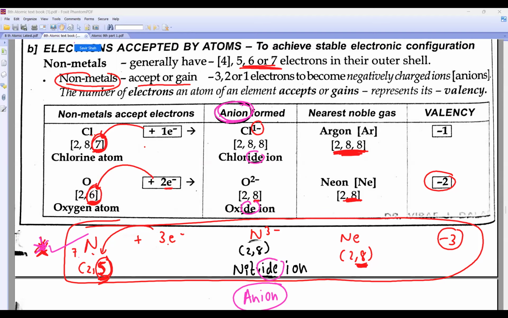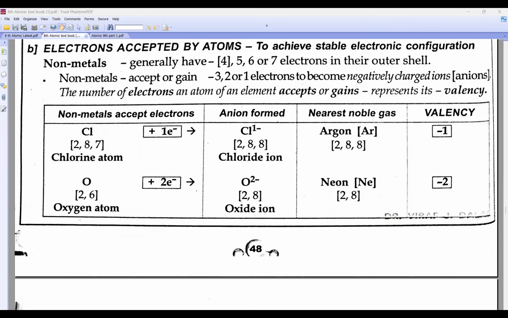Negative ions are known as anions. This you also have to remember. Negatively charged ions are called anions.